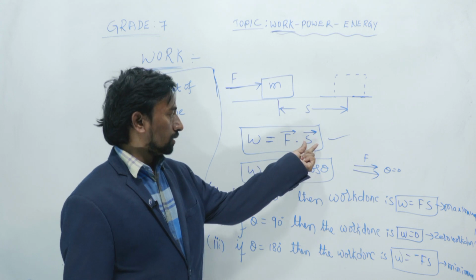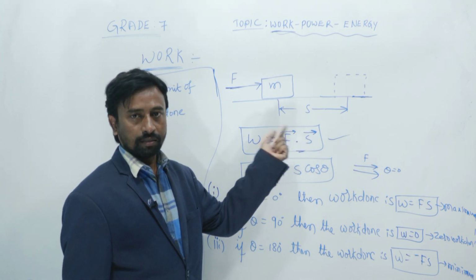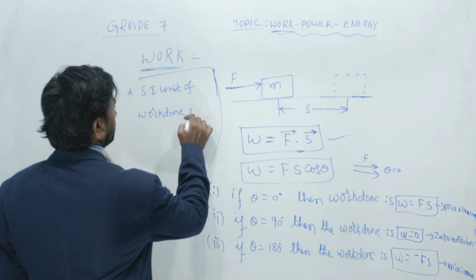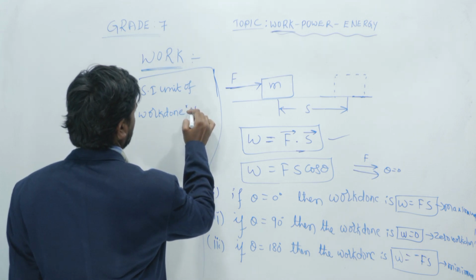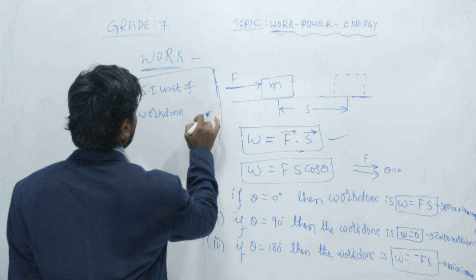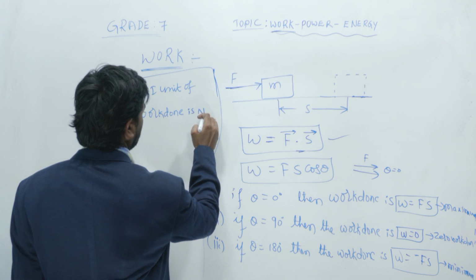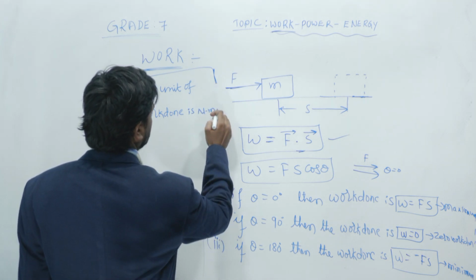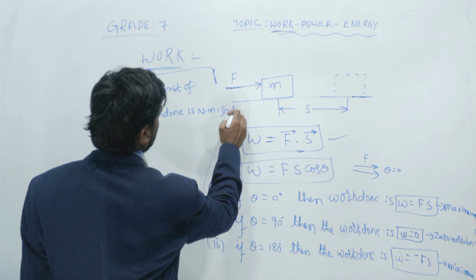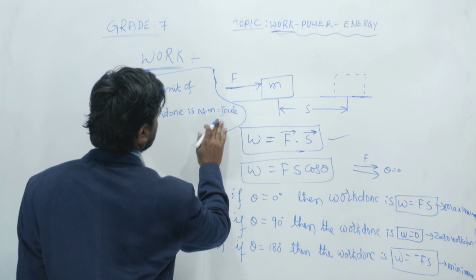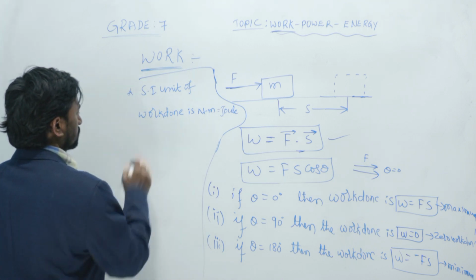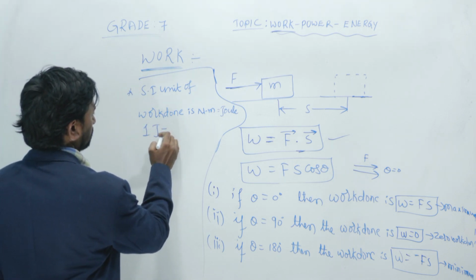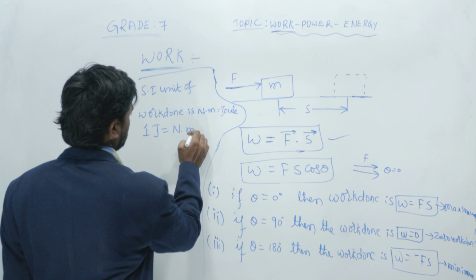Newton, and the unit of displacement is meter. So Newton meter will be the unit of work done. So that is equal to what we can say here? It is the joule. Okay. So 1 joule is equal to Newton meter.